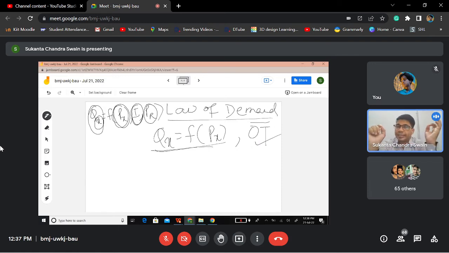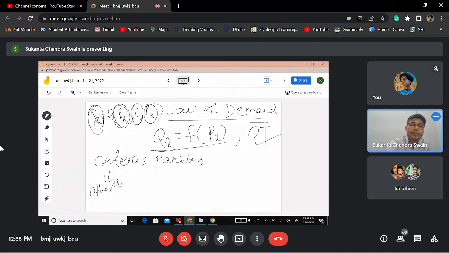And the law is like this: ceteris paribus, one clause is there, ceteris paribus, the meaning is other things remaining constant.